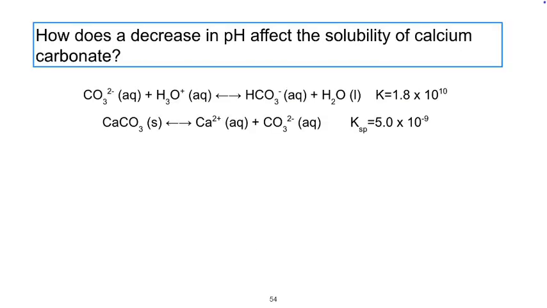What can we do with that? How does a decrease in the pH affect the solubility of calcium carbonate? We've got 2 expressions or 2 reactions drawn below. Which of those 2 expressions is the question asking about? Said potentially a different way, what is the question asking about?